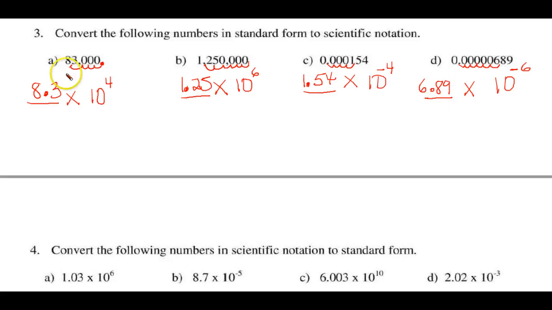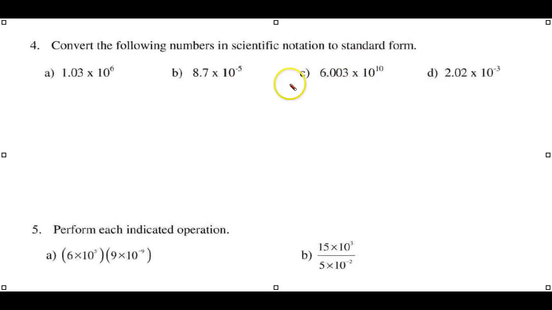All right, so converting from scientific notation to standard notation, this is how it's done. For this, we're just going to add zeros to make it from scientific notation to standard form. So our basic number is 1.03, and here it is 8.7.